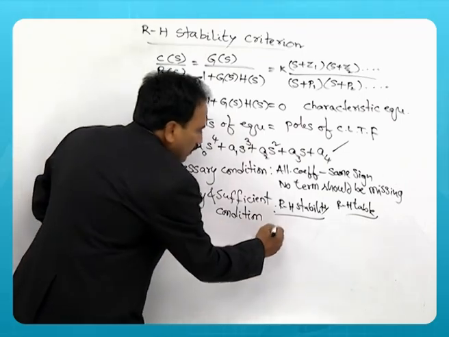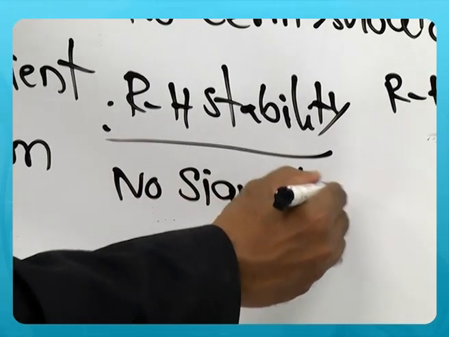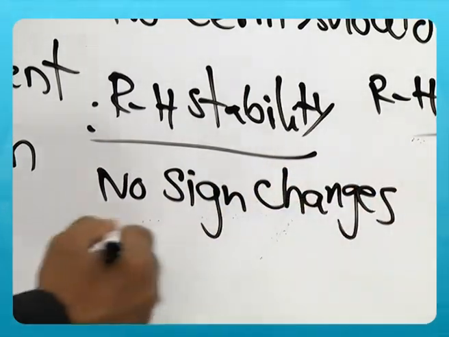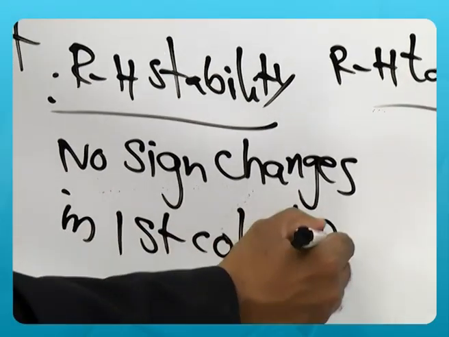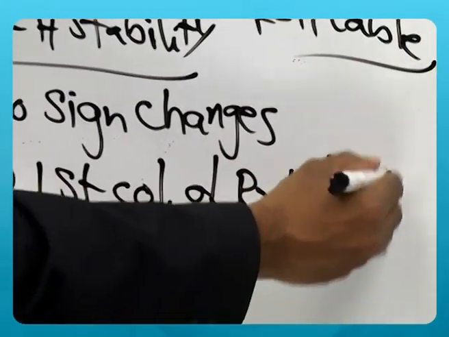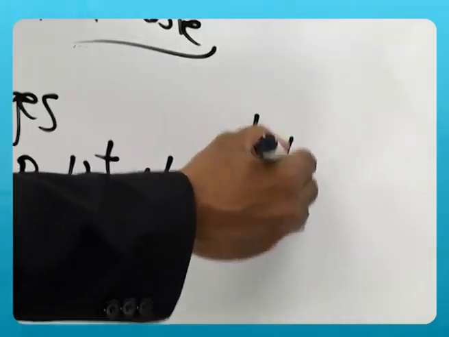So if there are no sign changes in the first column of RH table, then we say that system is stable.